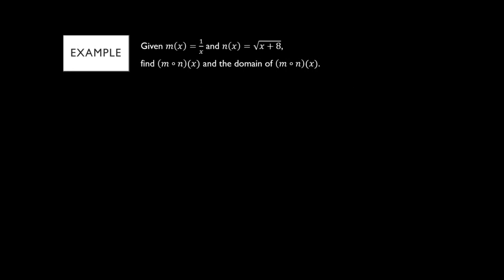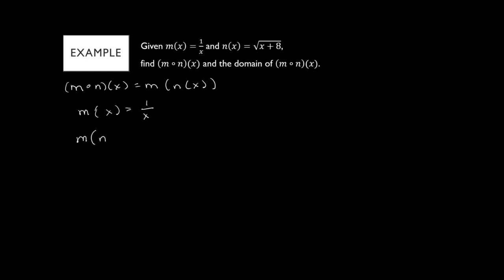So I've got two functions here, m and n. m is the same one we saw before, 1 over x. And then we've got a new one, n, which is the square root of x plus 8. First we're just going to find the function composition, m of n of x. So we're plugging n into m. I'm taking m, the outer function, and writing that m of x is 1 over x.